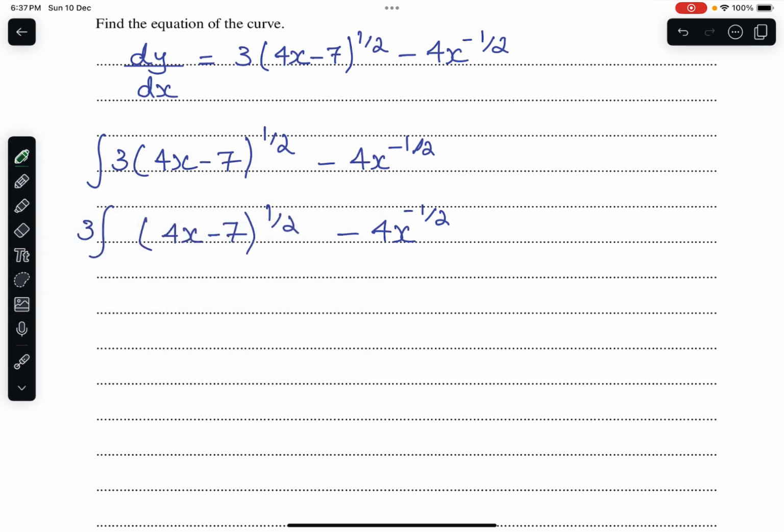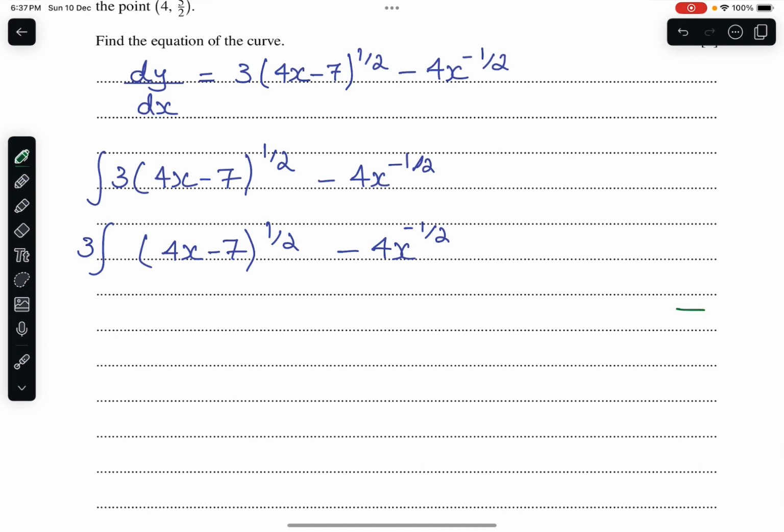This is the box, and what will be the differentiation of 4x minus 7? The differentiation of 4x minus 7 would be just 4, because 7 is an alone constant and the differentiation of an alone constant, as we know, is 0.